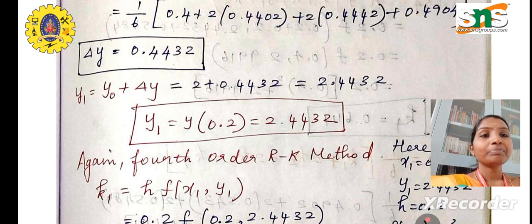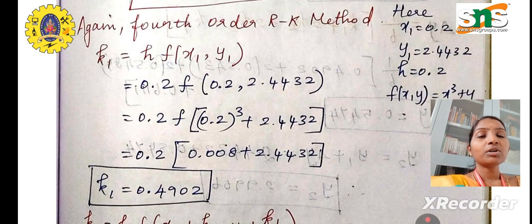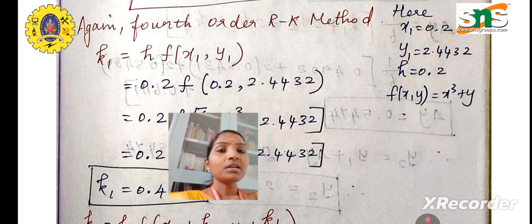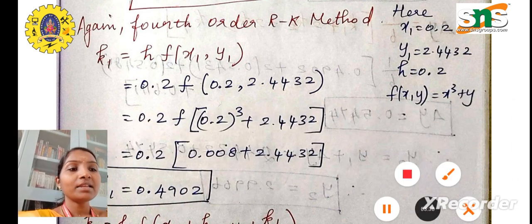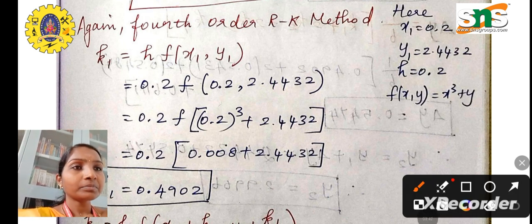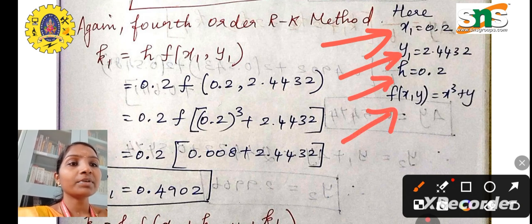In the second step, we are going to find the value of y of 0.4. Firstly, we have to note that for finding y of 0.4, we are going to fix the initial conditions as x1, y1, h and f of x comma y.